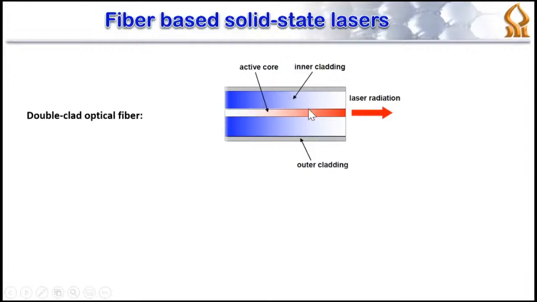So the pump is guided in the blue and is slowly absorbed in the red region. And then you put 2 mirrors and you get a laser out of this. The beam quality is excellent, M² close to 1, because it's dictated by the waveguide.